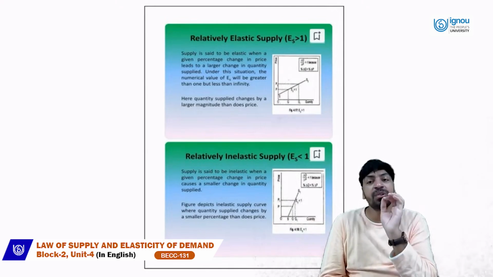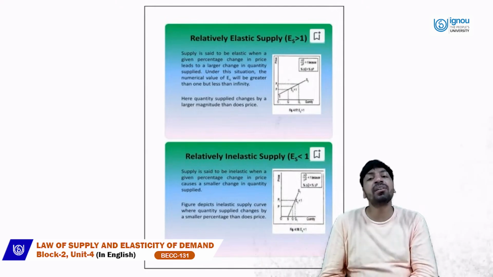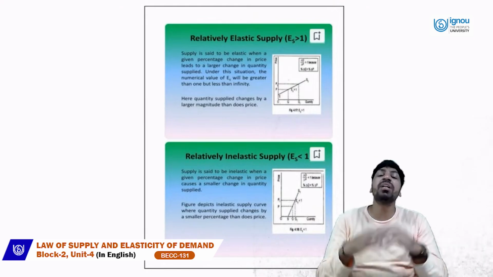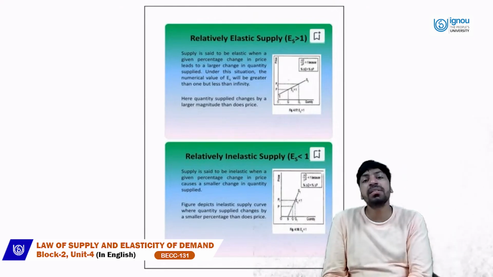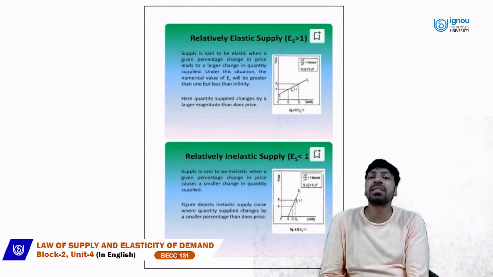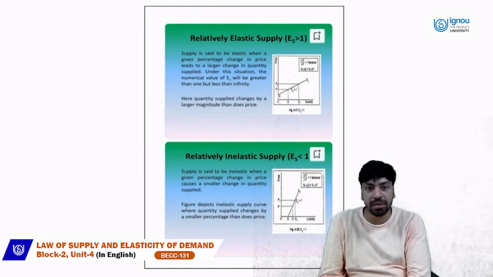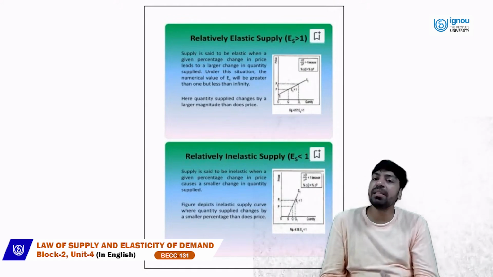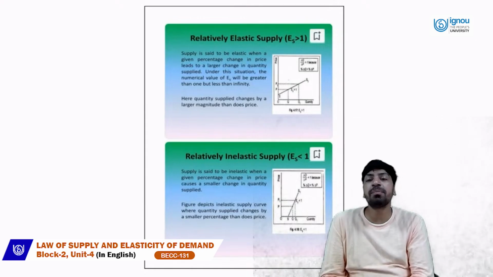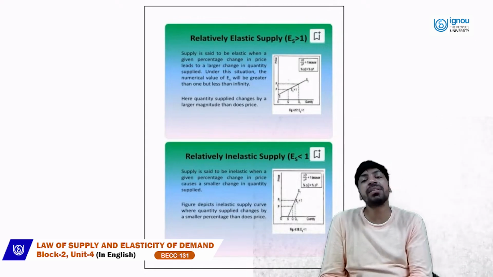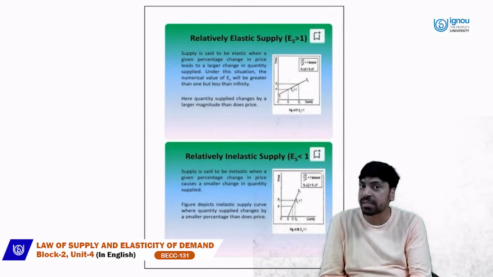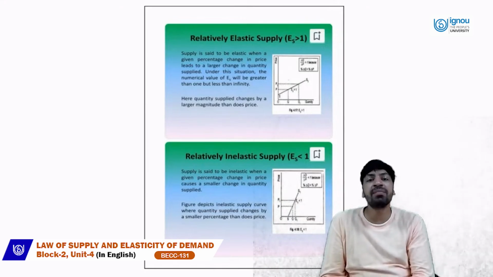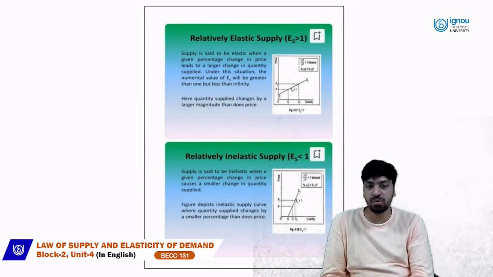If there is an increase in the price and an increase in the quantity supplied by a larger proportion, it's called relatively elastic supply, which is more than 1. The quantity supplied changes by a larger magnitude than the price.